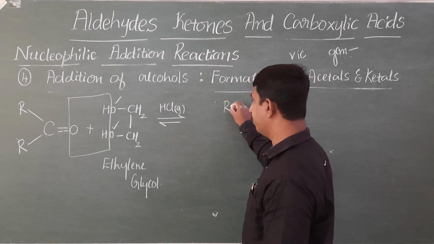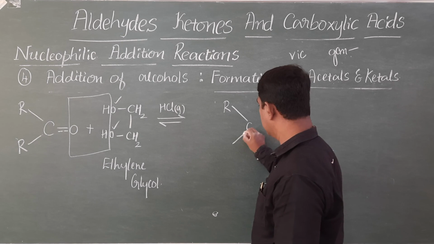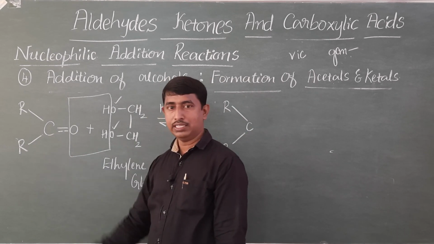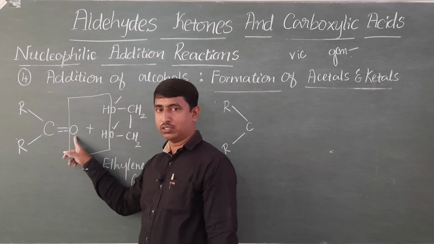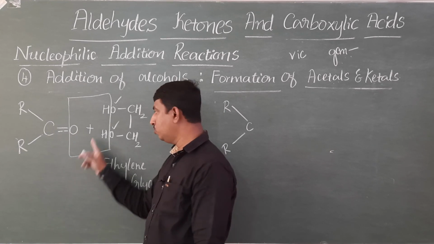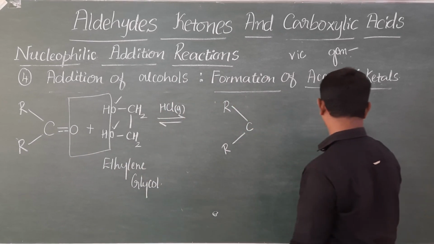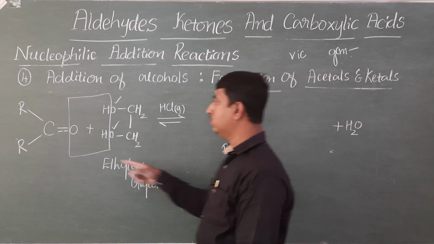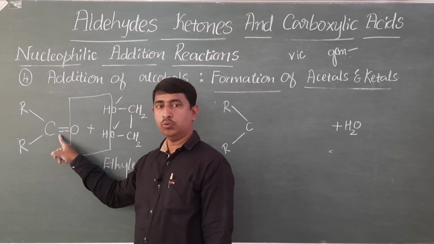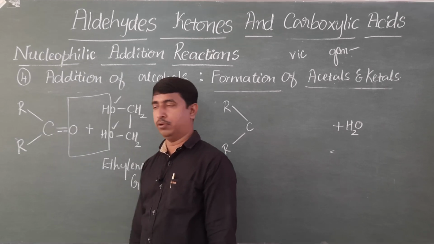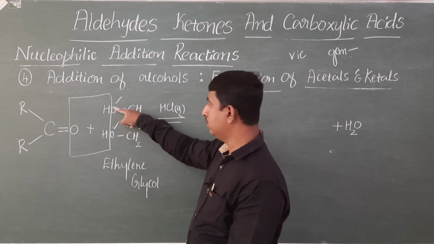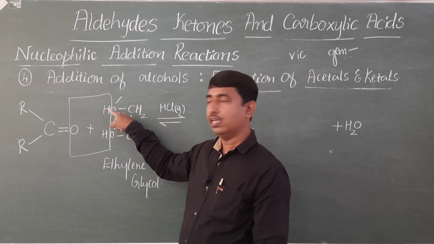It is R, C, again it is R. The double bond is lost. The double bond was formed by oxygen. That oxygen is removed in the form of water, H2O. So this carbon loses a double bond. Now those two bonds are satisfied by these two oxygen atoms forming single bonds.